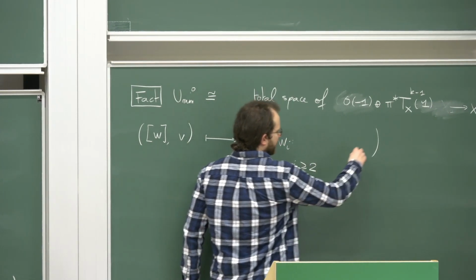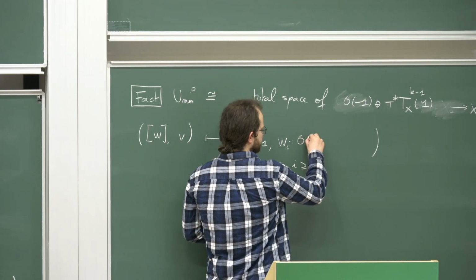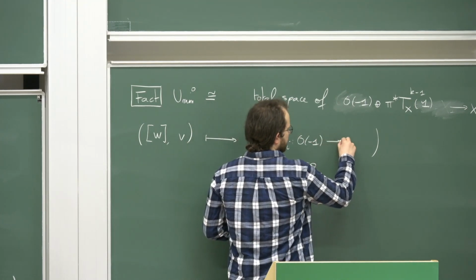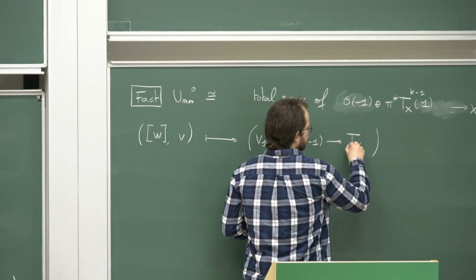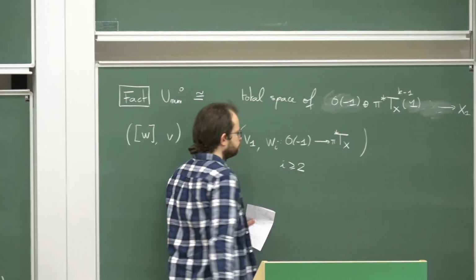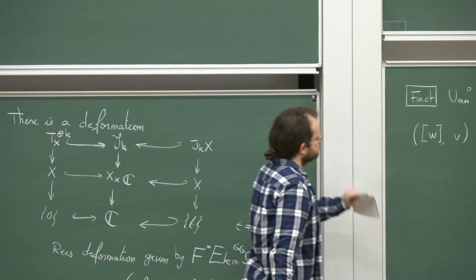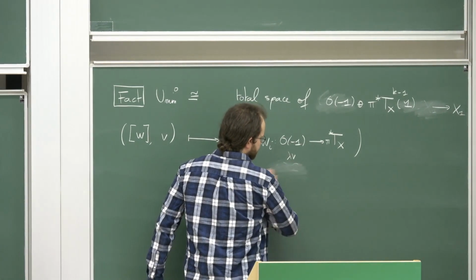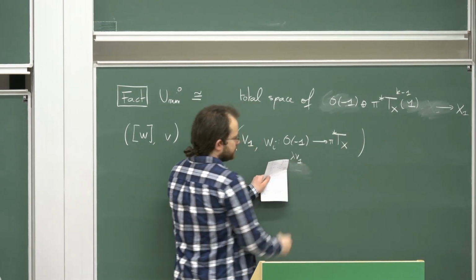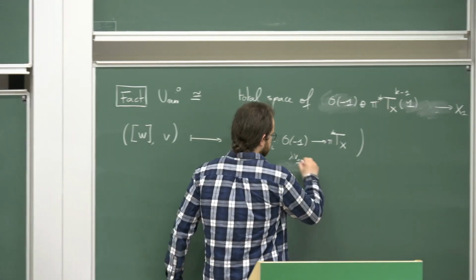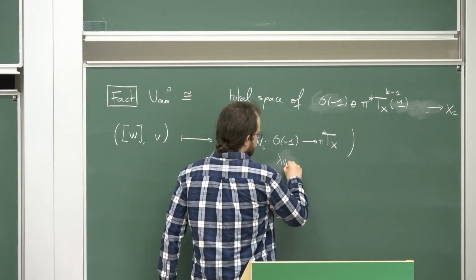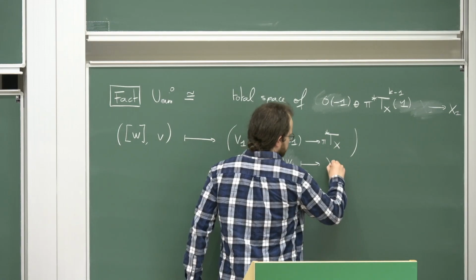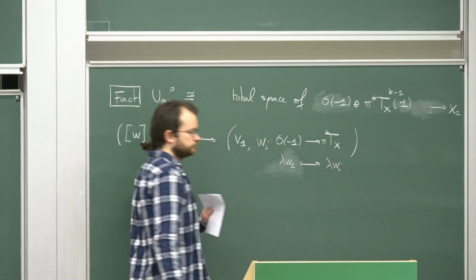And so the Wi, you can see them as a morphism from the O1 to the pullback of the tangent bundle. Why? Because simply they permit to determine a morphism which takes lambda v1, or if you want, lambda w1, and sends them to lambda w1.